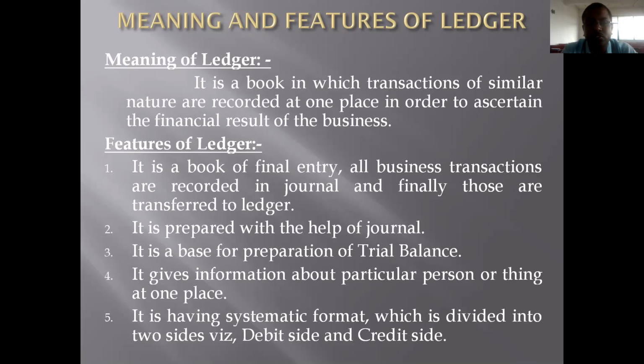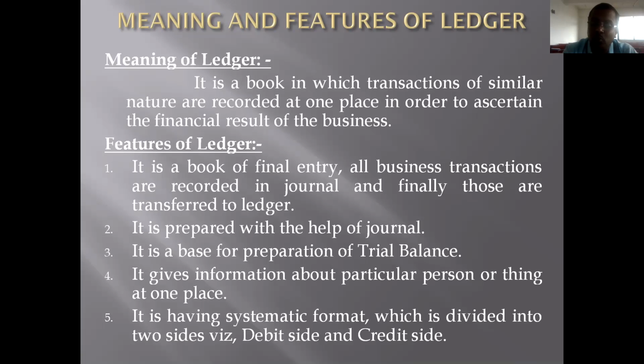So features of ledger, first one: it is a book of final entry. It means all business transactions are recorded in journal and finally those are posted or transferred to ledger. That is the first feature. The second important feature of ledger is that it is prepared with the help of journal, meaning journal is always the base for preparation of ledger.